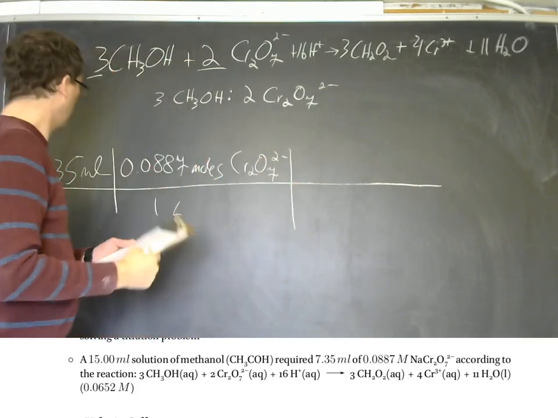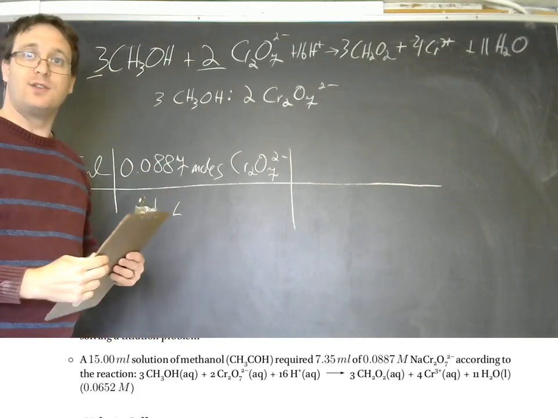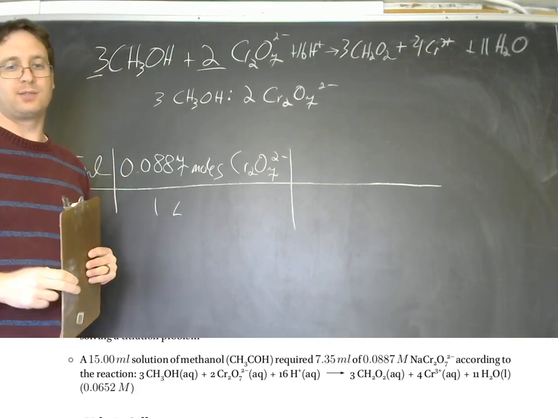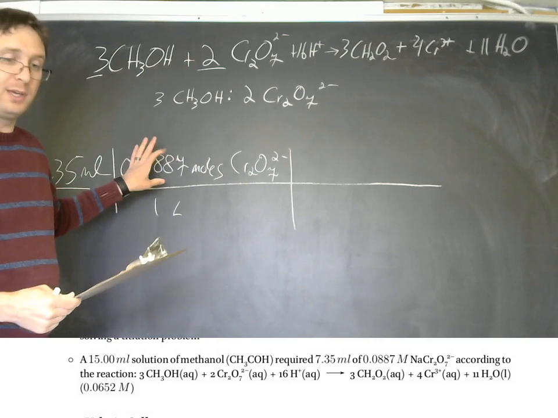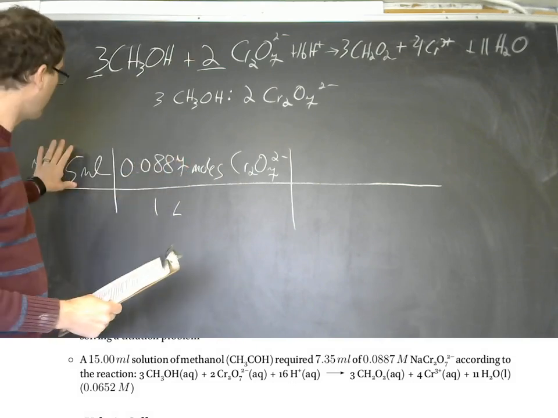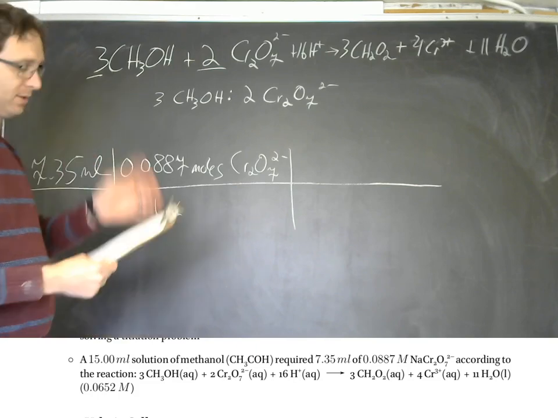The fact that we have milliliters here and liters there is not going to be a problem. You'll see how the units will cancel, and it's simpler to use that molar concentration without making a direct conversion from milliliters to liters.